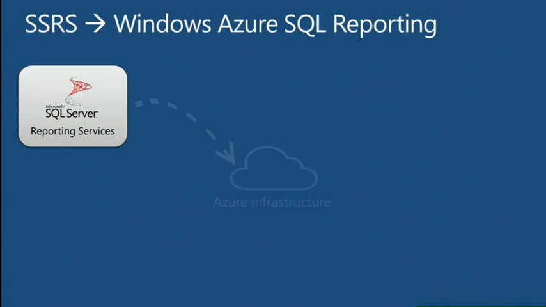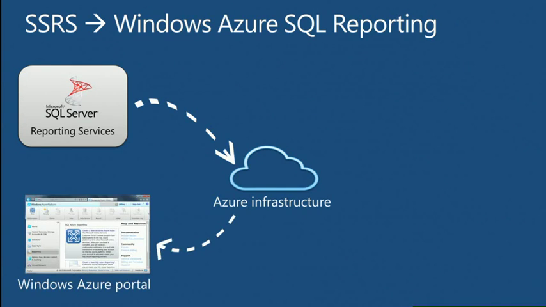So what did we do? We took SQL Server Reporting Services as it was and moved it to the Azure infrastructure. We used the Windows Azure portal that we're going to show you in a few minutes, and we integrated into it the management facilities that you need in order to manage your reports.